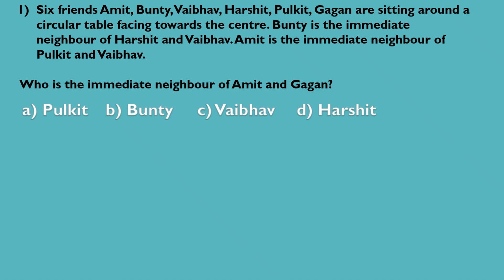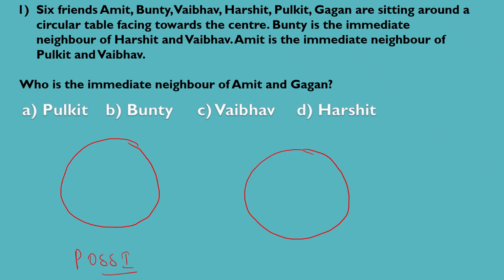Six friends are there. So how you will place those six friends in a circular table? This is possibility one. Here, always make two possibilities.